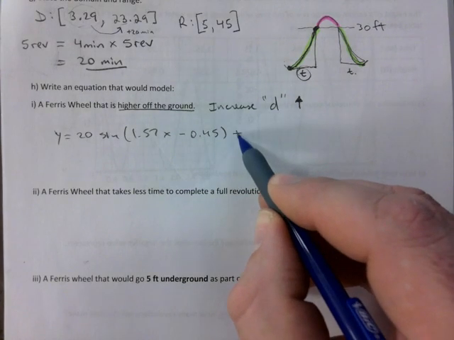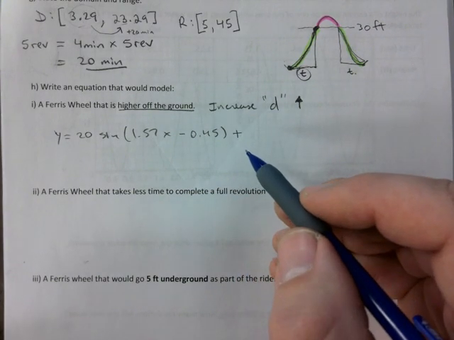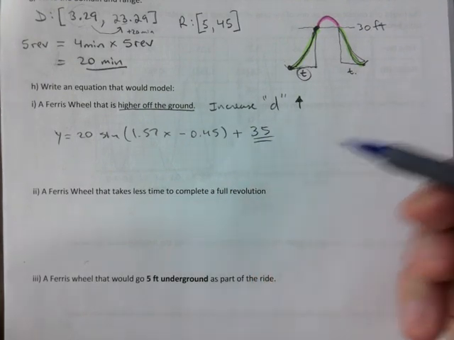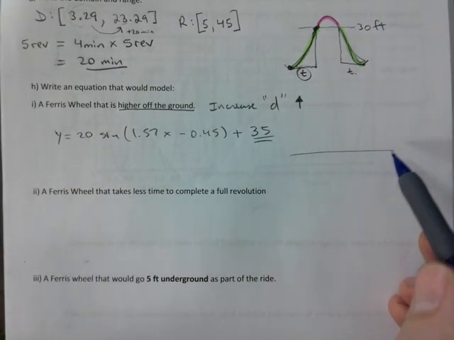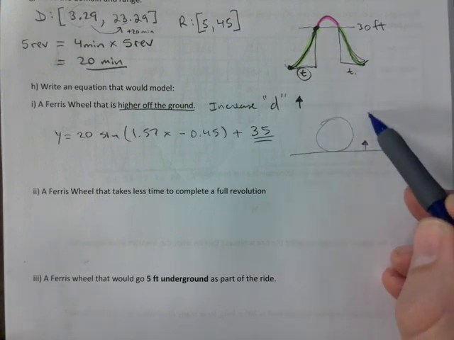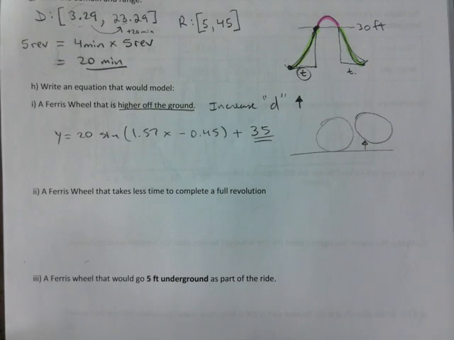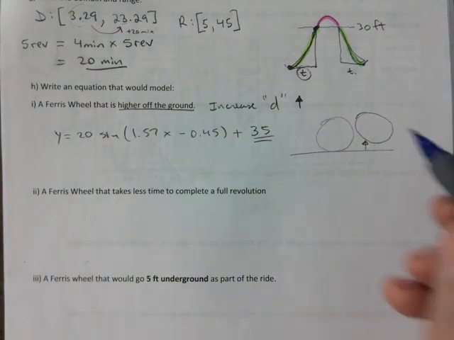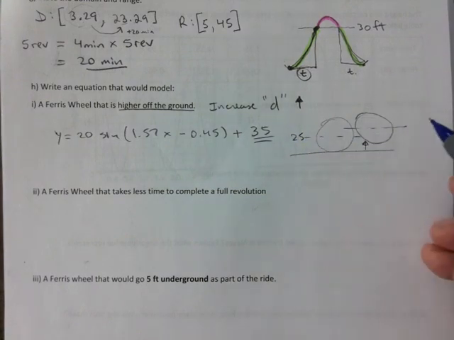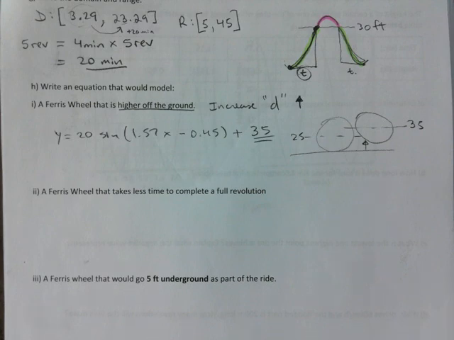We're going to go plus, what was it before? 25? Yeah. So we're going to go plus 35, right? So instead of being here, it's going to go higher off the ground. It's going to be here, right? Because the midline used to be 25 and now it's 35. So it actually raises the whole wheel up.